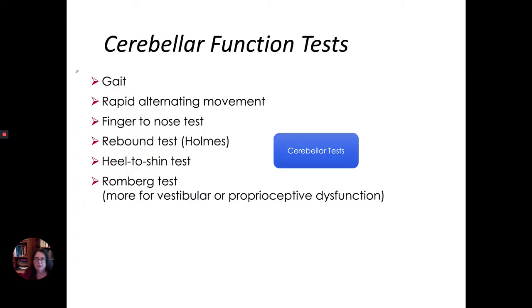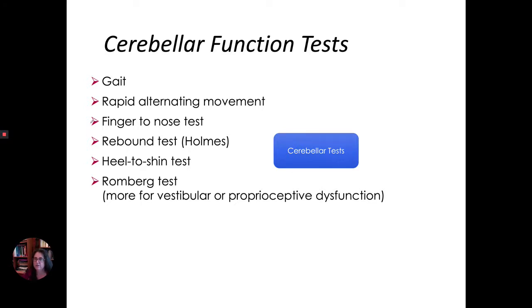Now in this little video we have some cerebellar function tests that are illustrated, and I'll ask you a few examples about that. But for instance, you have that gait abnormality, also a test to demonstrate rapid alternating movements. There's also something called the finger-to-nose test.